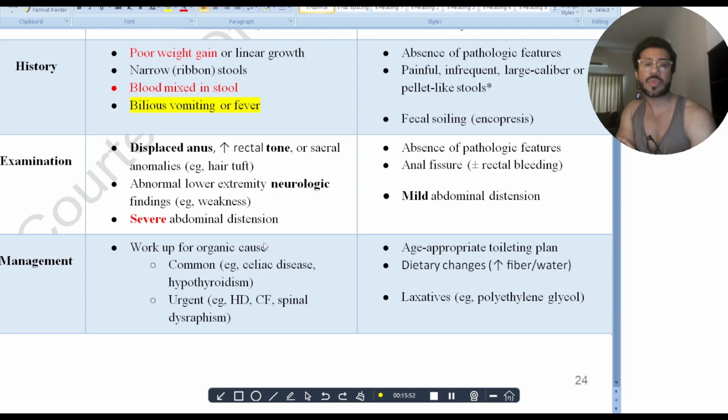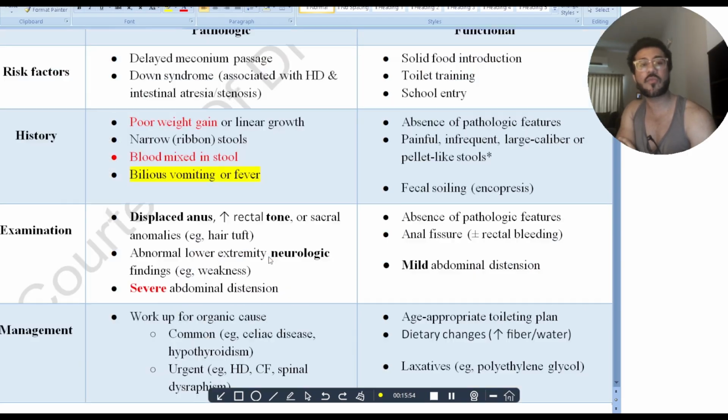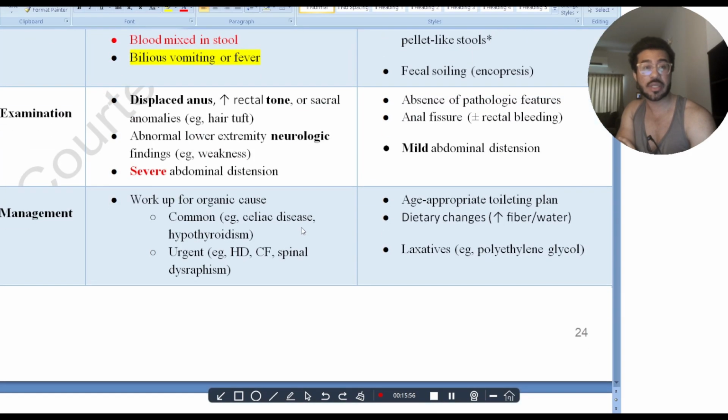Workup. What is going to be the workup for pathological causes? It's going to be really easy. We're going to discuss disease by disease. The urgent ones would be Hirschsprung disease and cystic fibrosis.